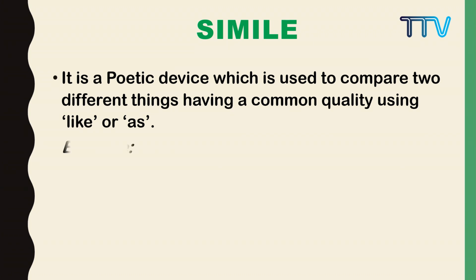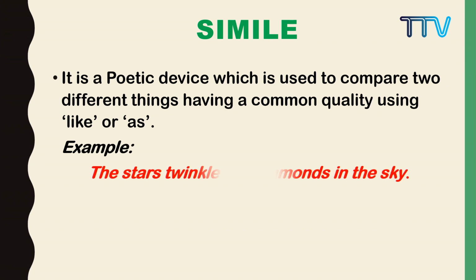For example, the stars twinkle like diamonds in the sky. So, what do you find here? The stars are compared to diamonds. Stars and diamonds, if you look at it, are two different things, isn't it? The stars are compared to diamonds in the sky by using the word like.